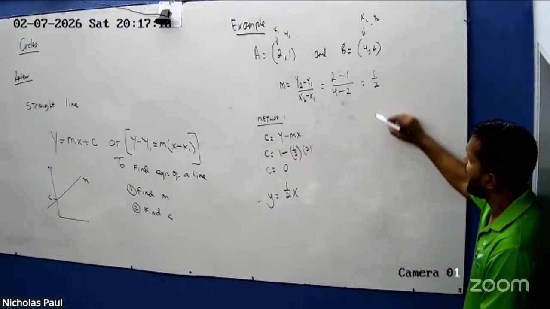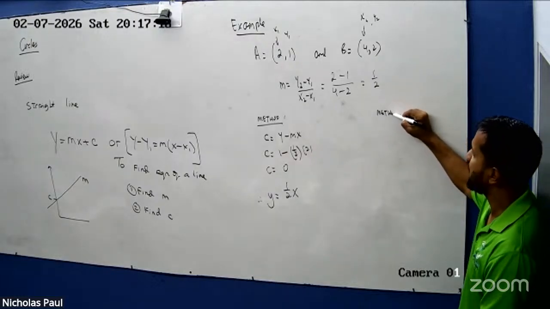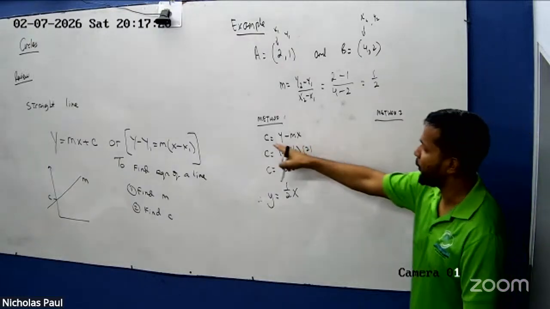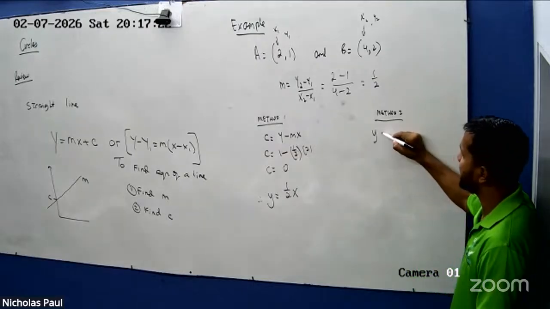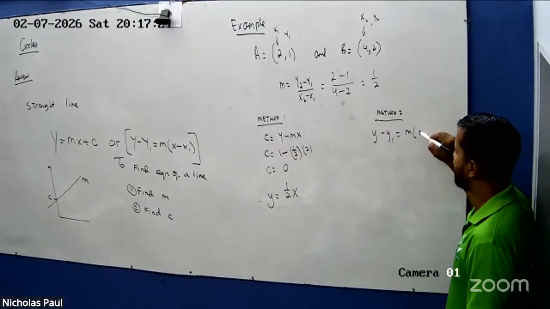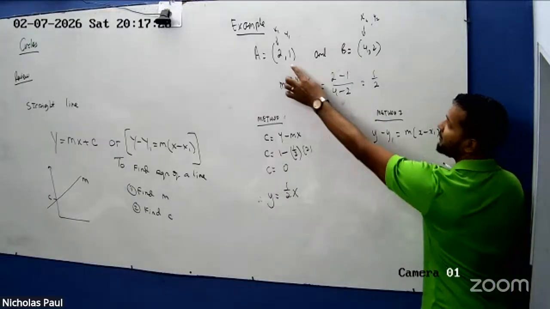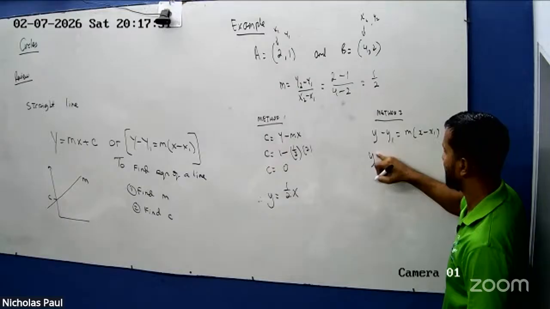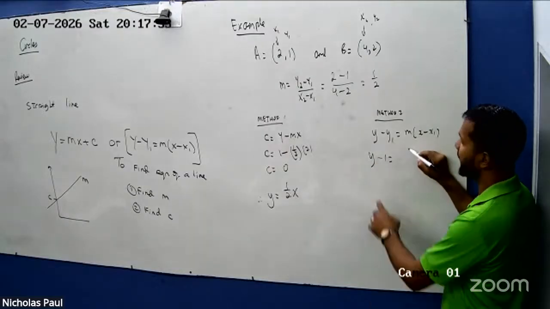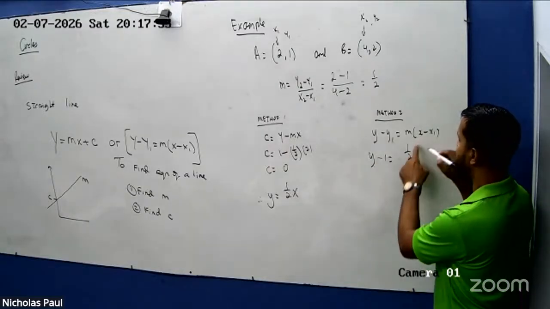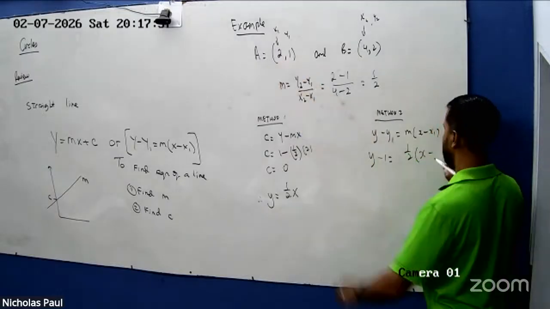That's method 1. Method 2, I don't want to find c this way. I want to use y minus y1 is m times x minus x1. This y1 value comes from here, the gradient is a half, and the x1 value is 2.